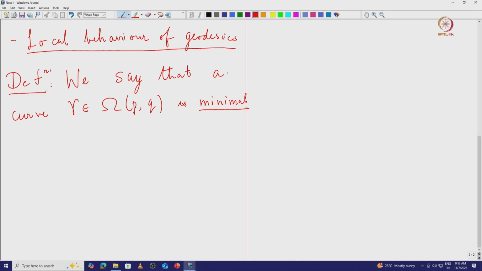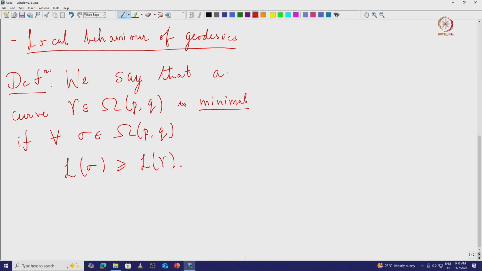So you are going to hear a lot of this word for the rest of the course. So we say that this curve is minimal if for all other curves sigma, the length of sigma is at least as much as the length of gamma, okay.